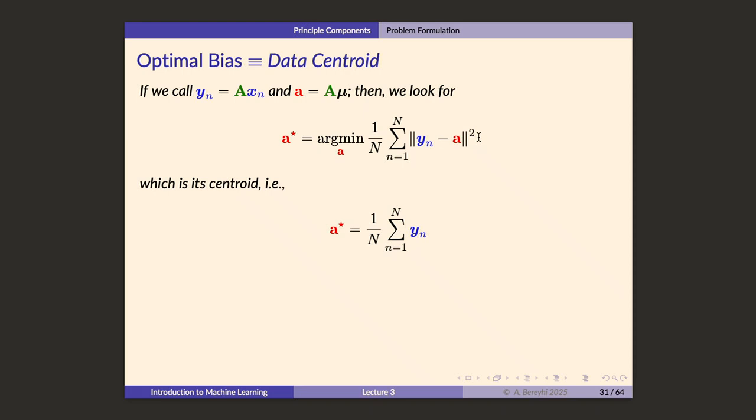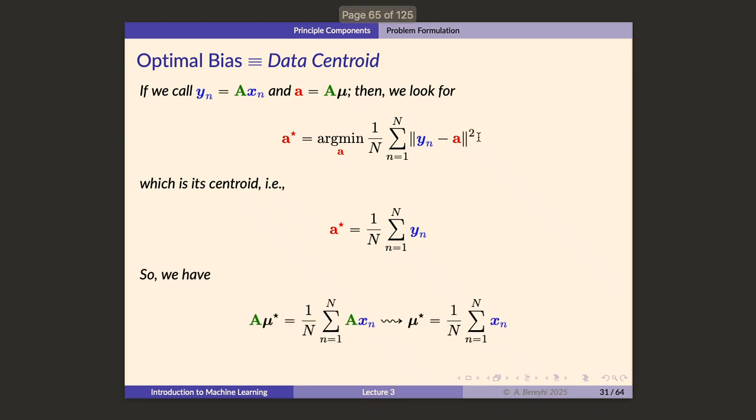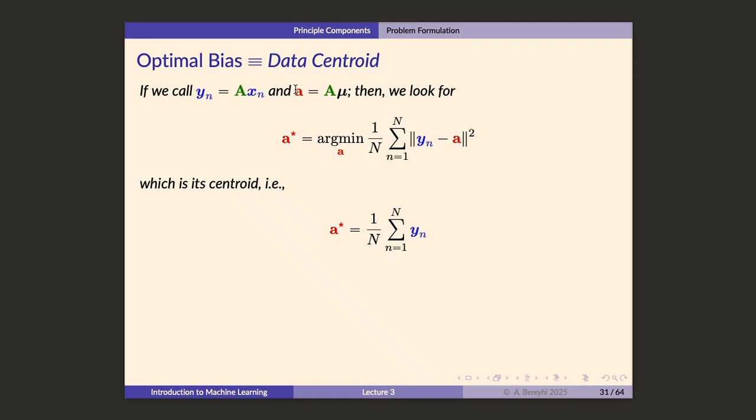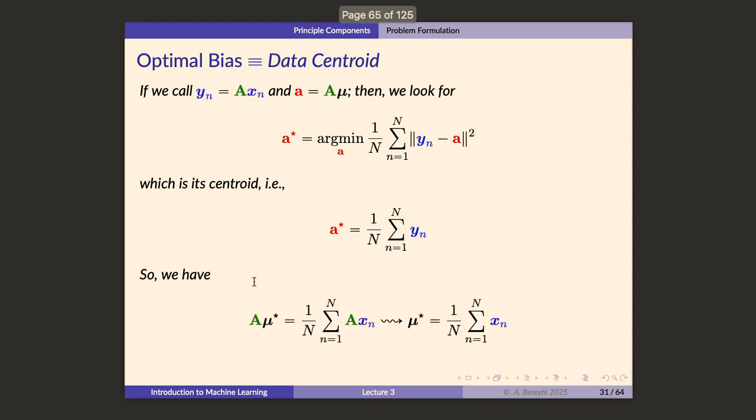Correct? Now, what is this A? We defined it here at the top, so look at this expression. A is A times mu, and y is the same A times xn, correct? So A times mu, which is A star, the optimal A that I have, is the average of all of those y's, which is A times xn.